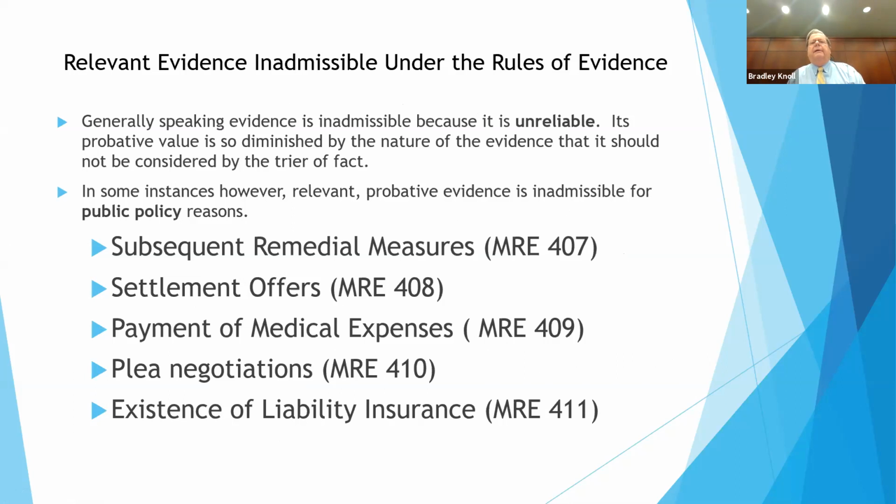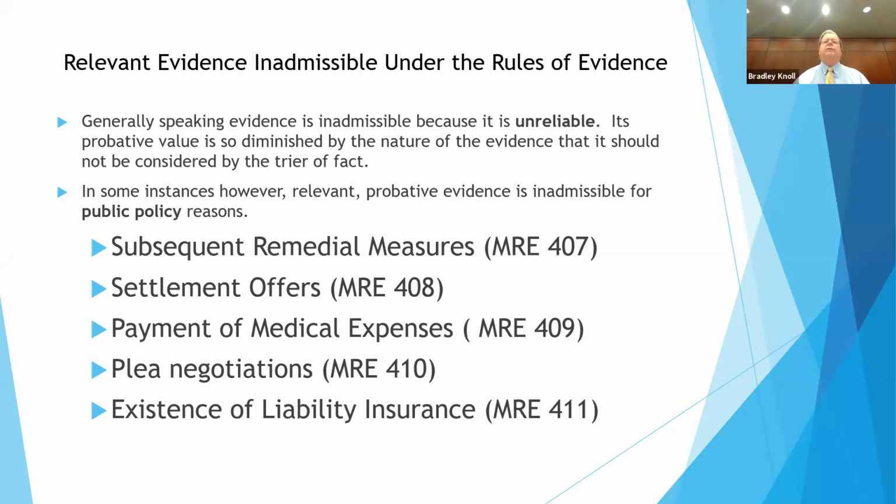And so the fact that a defendant or plaintiff might have liability insurance that covers the matter, and in almost all cases they do. In an automobile negligence case, the lawyer for the defendant is probably the lawyer hired by the insurance company to defend that person, but the jury doesn't know that.